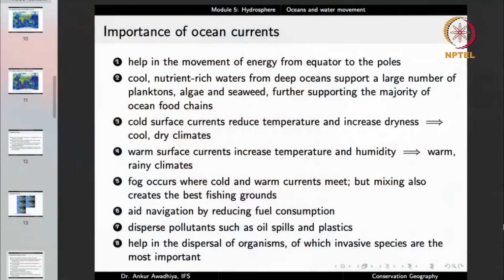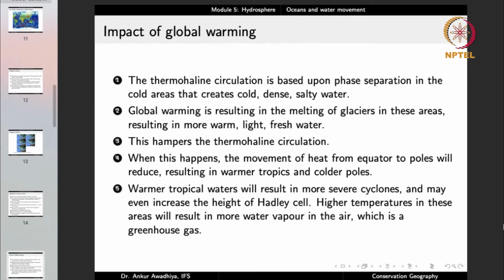So it aids in the dispersal of organisms. The negative consequence is that it also aids in the dispersal of invasive species, alien species. Now these invasive alien species, if they reach some other areas, can wreak havoc on the local biodiversity. So that is a negative consequence. So ocean currents play a lot of roles.